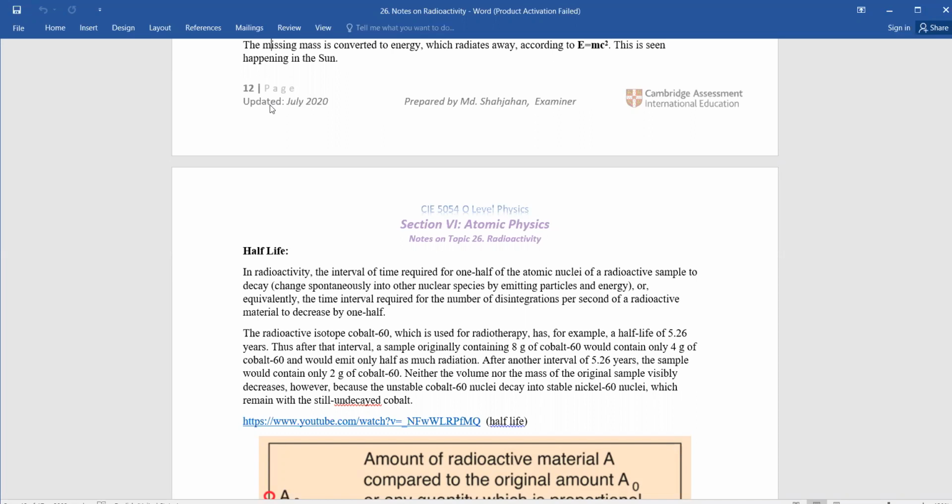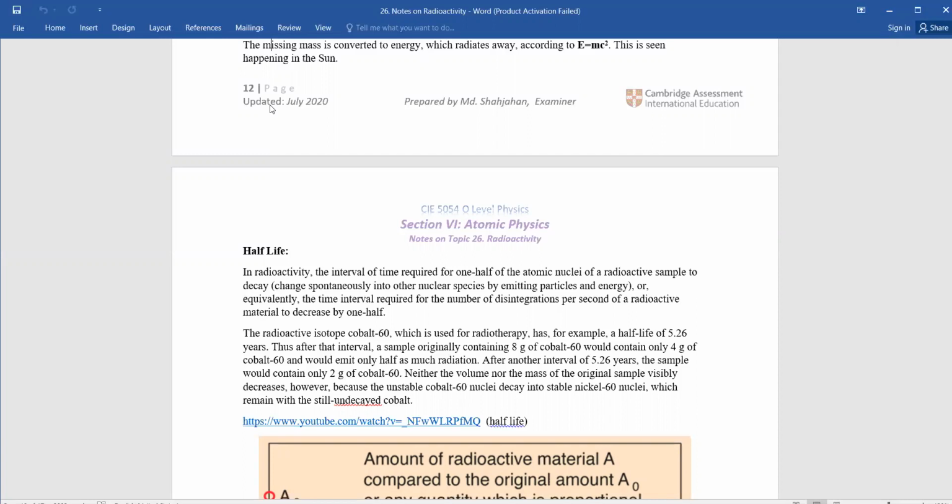So the emission will also be half. It was 1000, now it will become 500. We know by emissions the nucleus changed, and when it changes, it's no more uranium.